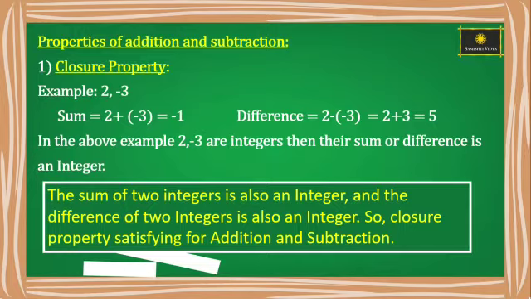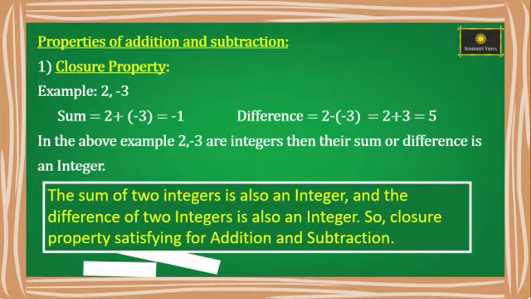Children, what do we get when we add two integers? Let us see. For example, add 2 and minus 3. As these two integers have opposite signs, we find the difference between their absolute values and the answer has the sign of the integer with the greater absolute value.